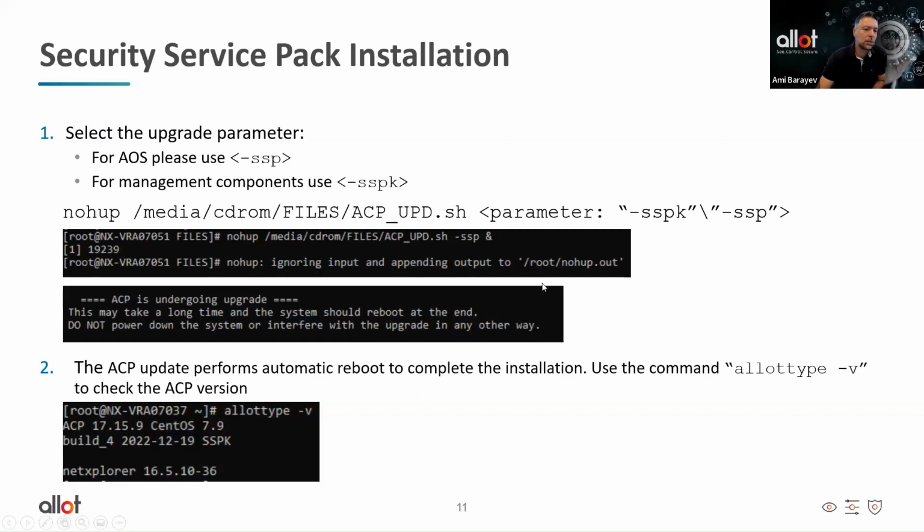Once you run this command, it will take a few minutes, and then exactly after the system boots you will see that you have the latest ACP and the parameter that you used, either SSP or SSPK. So the experience of doing the ACP upgrade for the Security Service Pack is very straightforward for people that are already familiar with our solution. You can do it very quickly.